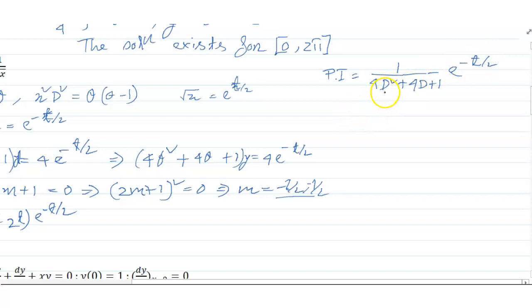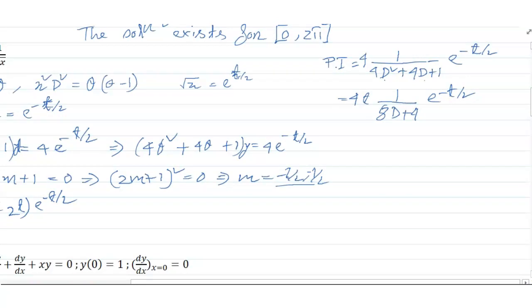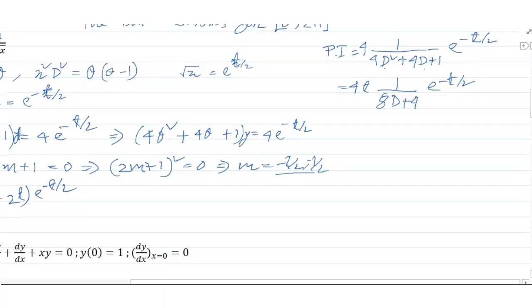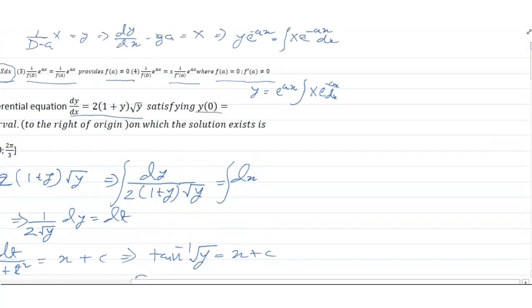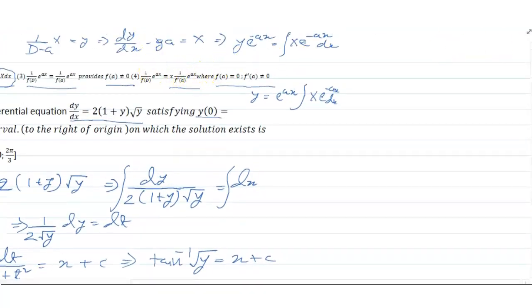Now if I put the value D = -1/2, this value becomes 0. So I can write it this way: t/(8D + 4) e^(-t/2). Which formula, friends, do I apply? You will see, I apply this formula.